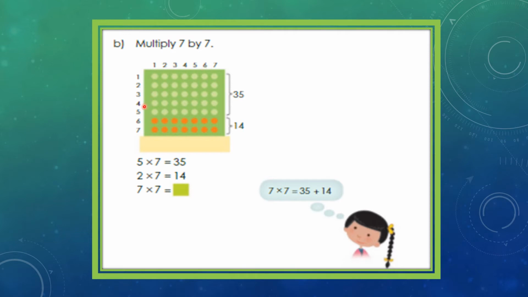So 5 times 7 equals 35, and there are two groups of 7 left, separated, and we'll find the product of these two groups of 7. So 5 times 7 equals 35, and 2 times 7 equals 14. If we put together this 35 and 14, that will be 49. So 7 times 7 equals 35 plus 14. The final product here, class, is 49.